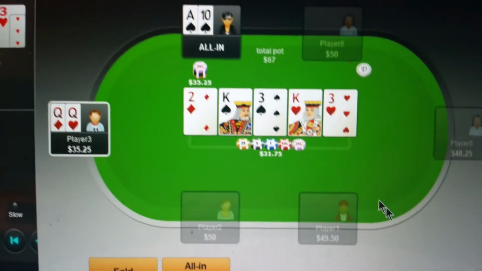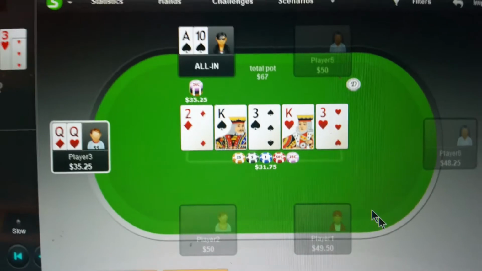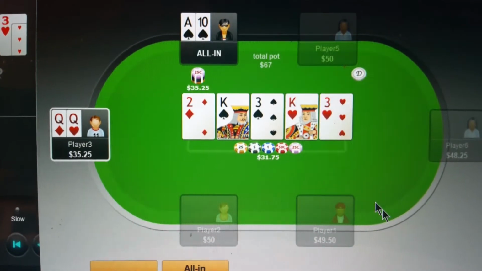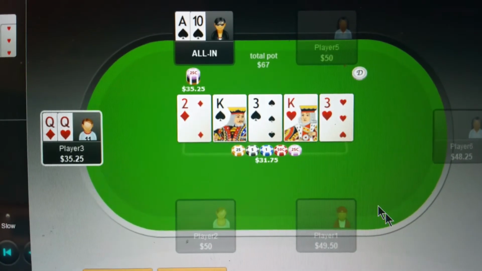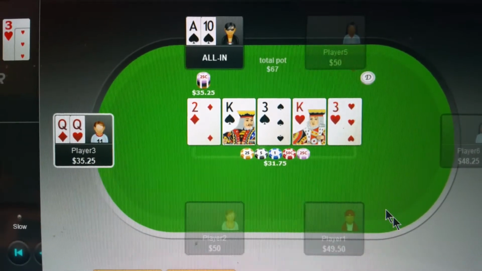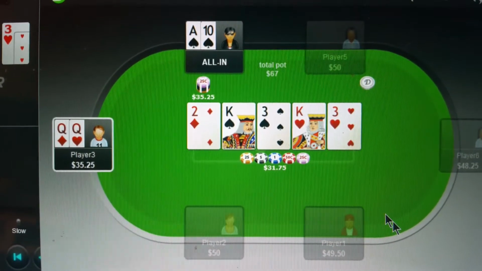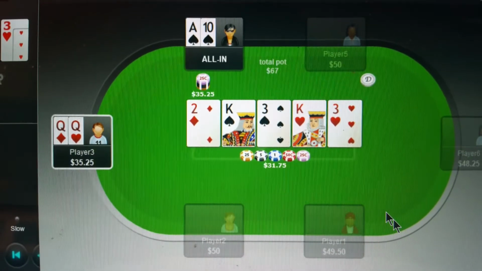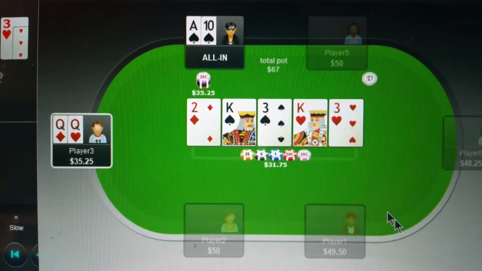Now, should he jam? He shouldn't. He just should take his showdown value with aces. There was still a chance that on a pair board he could win, although chances were not very good.